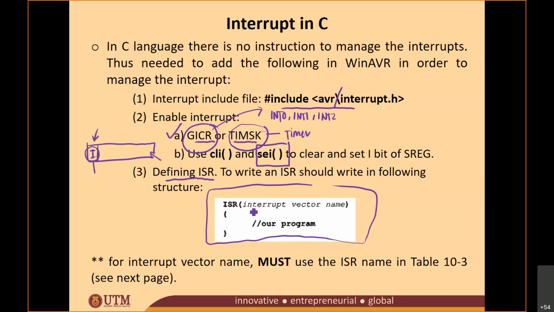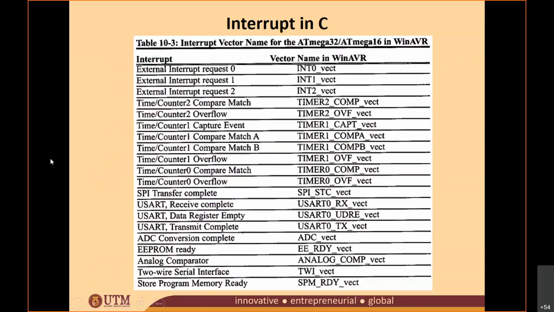ISR followed by the interrupt vector name. For this interrupt vector name, you must follow the exact name as in the table in the next slide. If you're going to use the external hardware interrupt, make sure that the name is correct.